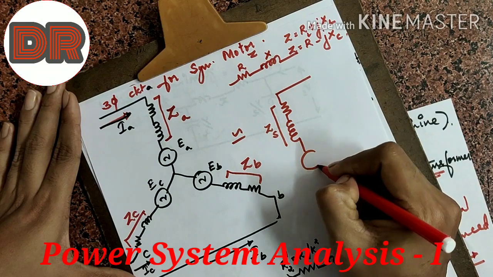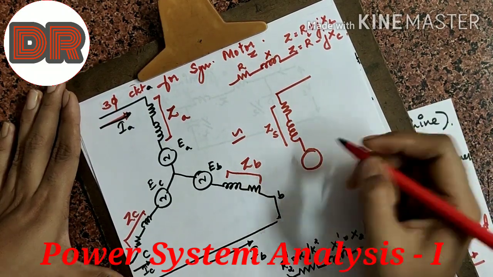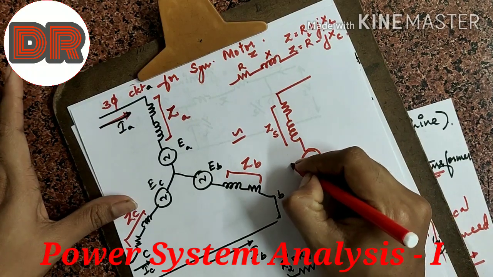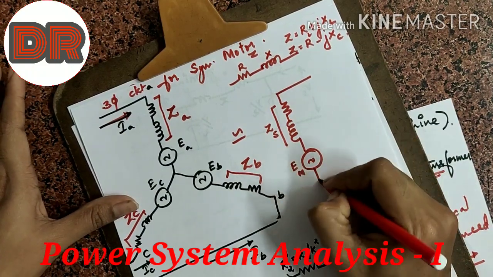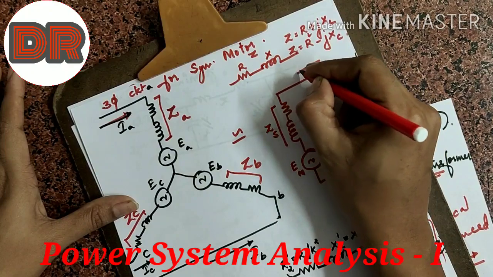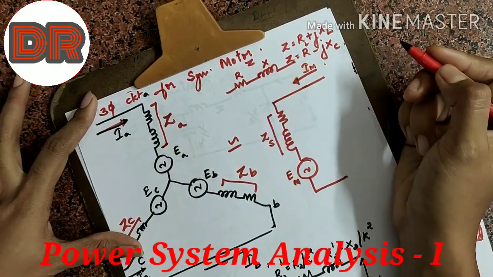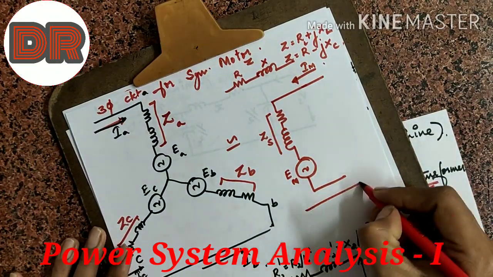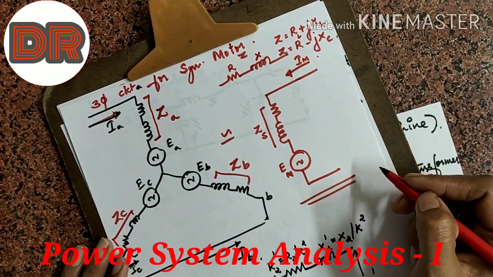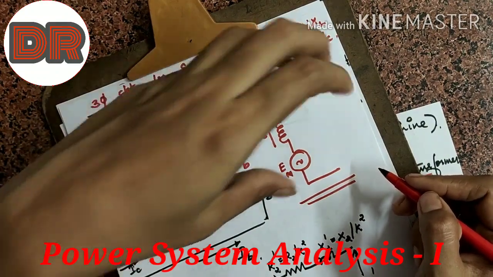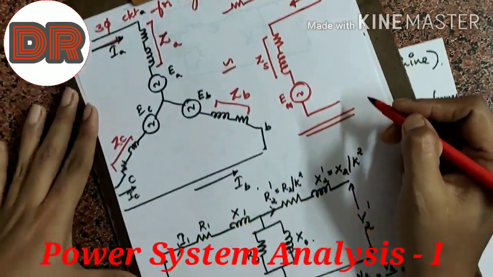We have an EMF, and since it is a motor, it is a back EMF, which I can represent as EM, and we have current coming into the motor, which is IM. This is the three phase equivalent circuit, and this is the single phase equivalent circuit of the motor.